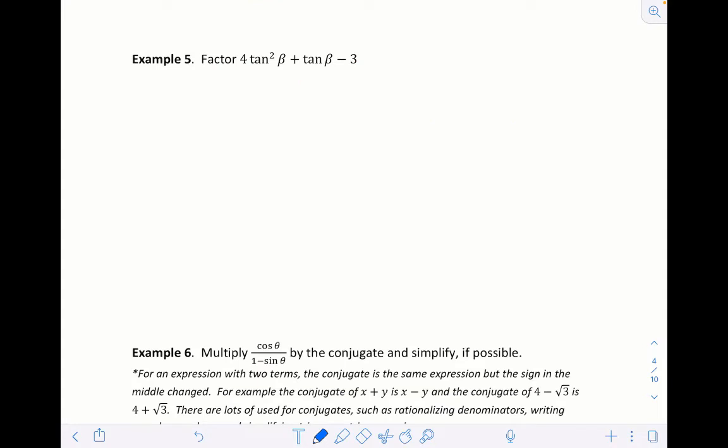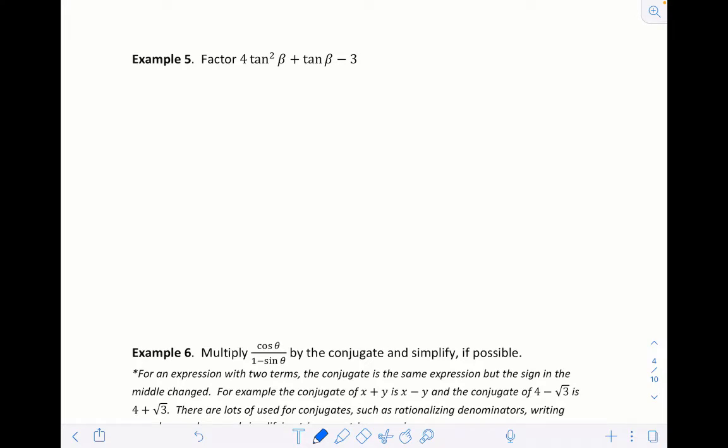Now let's look at another part of algebra that we can also use with trigonometric functions, and that's factoring. So here we want to factor 4 tangent squared beta plus tangent beta minus 3. One thing that can help in general with trying to relate trig functions back to algebra is that you can make substitutions.